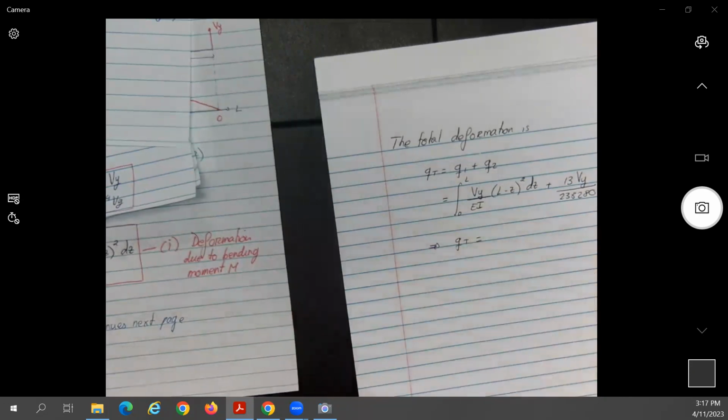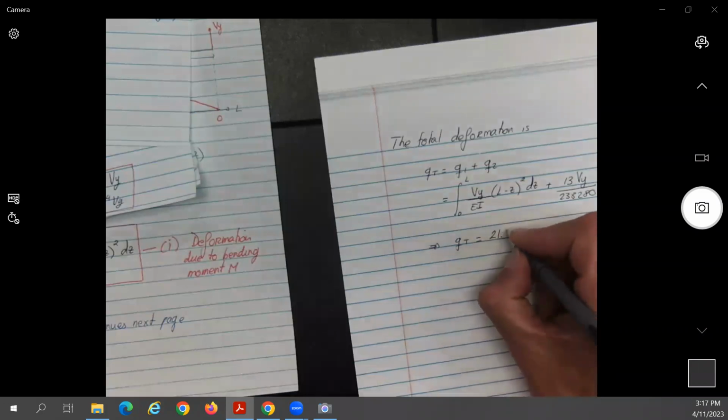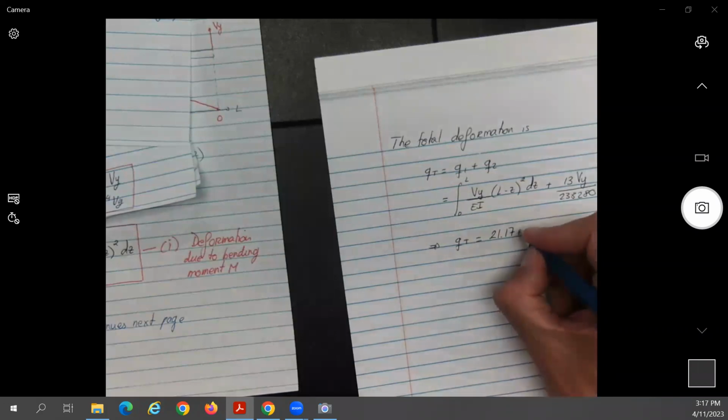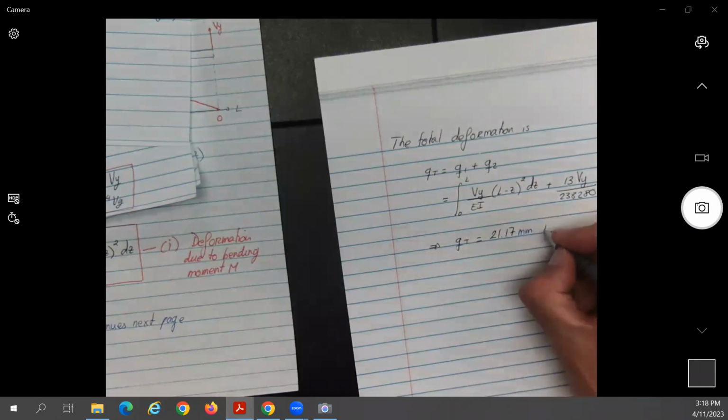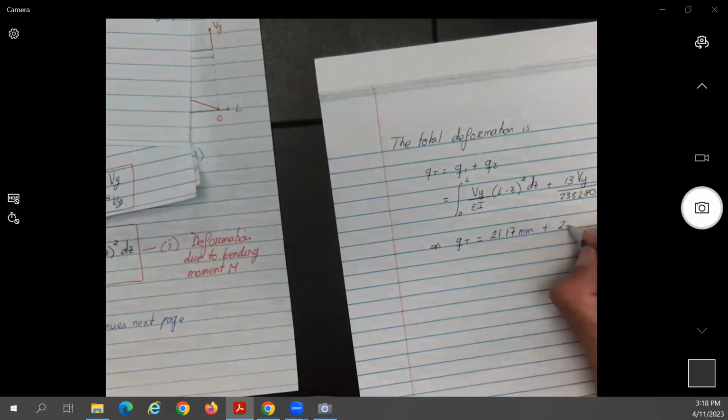So this is going to give you, let's see, Q1 will be equal to, if you do the calculation, 21.17 millimeters, plus the one due to shear, which is 2.43 millimeters.